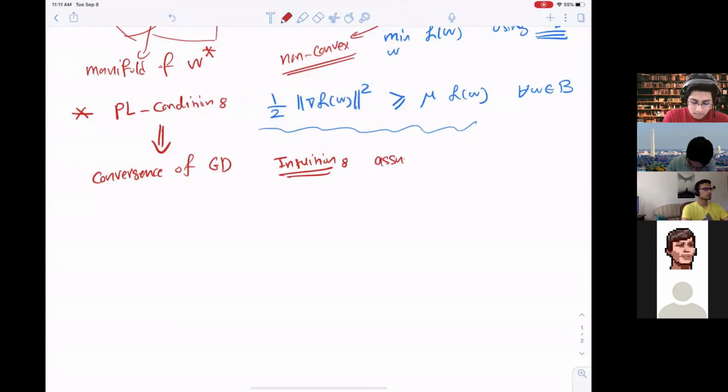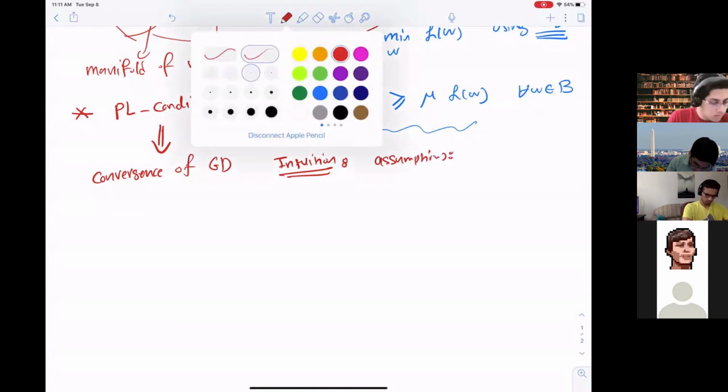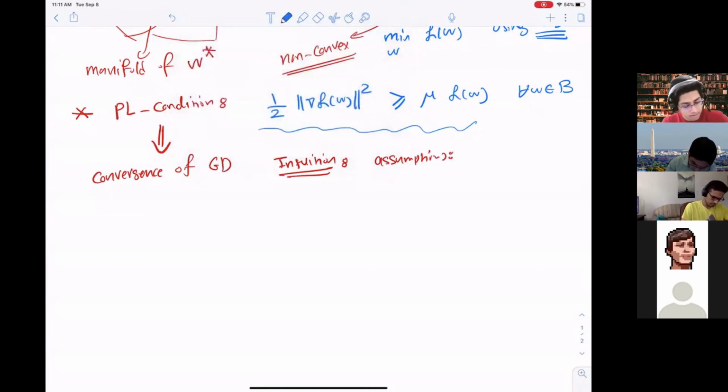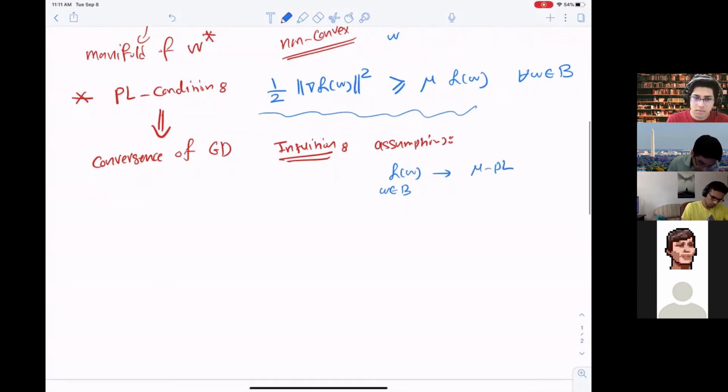All right, so basically the assumptions that we have here for the loss function. Here we are assuming my loss function, in a ball that contains the trajectories of gradient descent, is mu-PL. That's something I'm going to discuss in a little bit. So that's the PL condition.